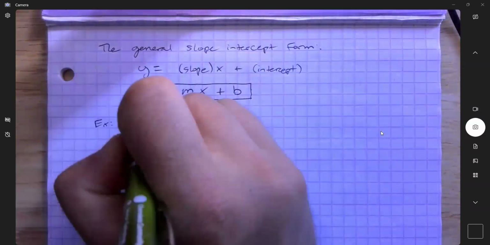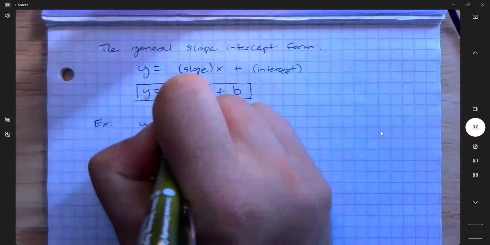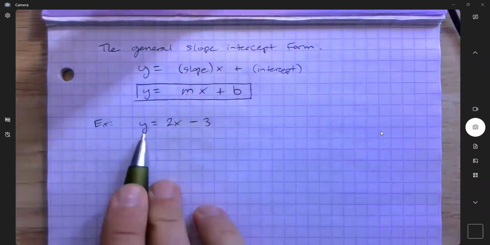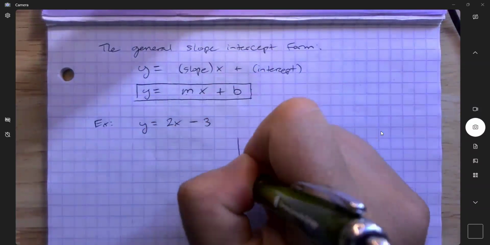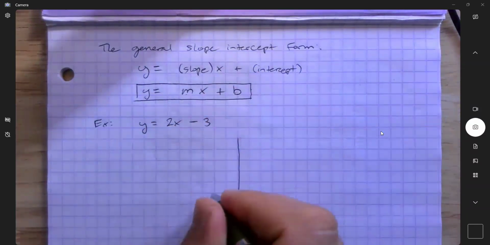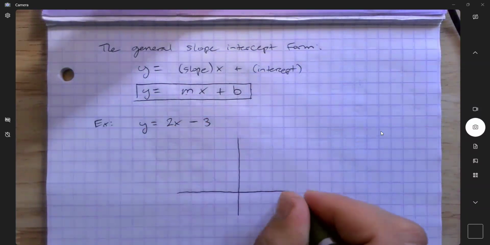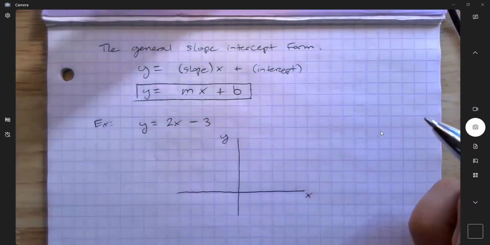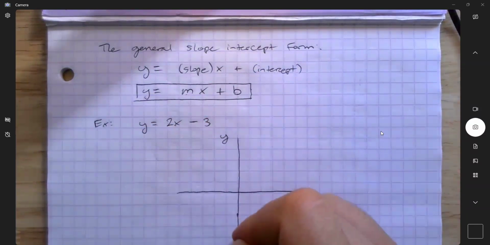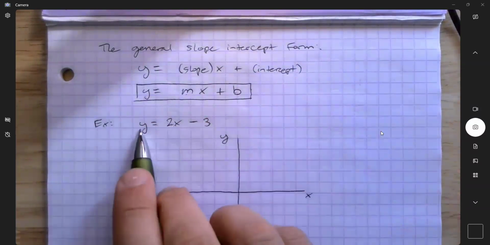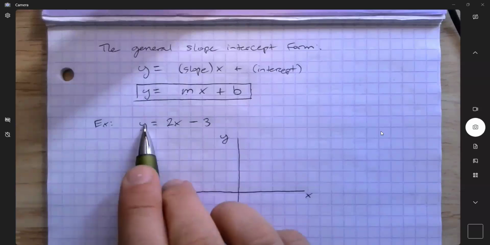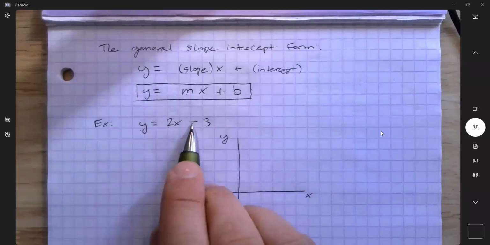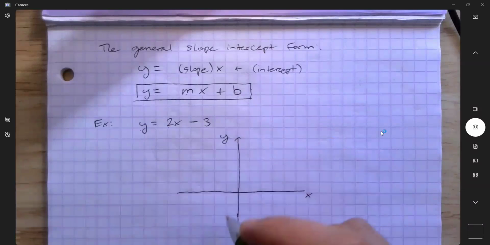So as an example, let's look at y equals 2x minus 3. That's slope-intercept form. So if I were to draw this on x, y axes, I would get a straight line and the slope would be 2, and it would cross the y-axis at a height of negative 3.